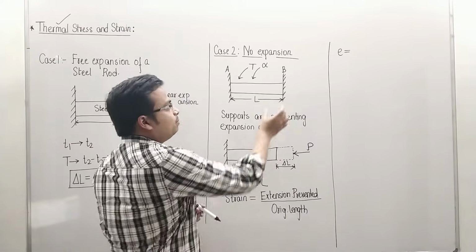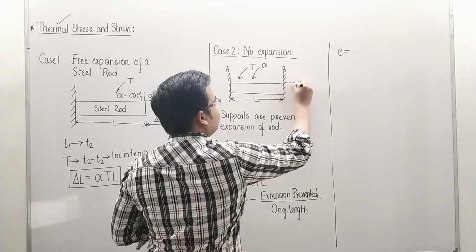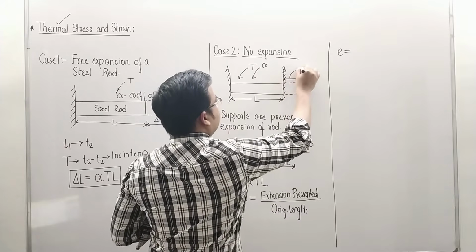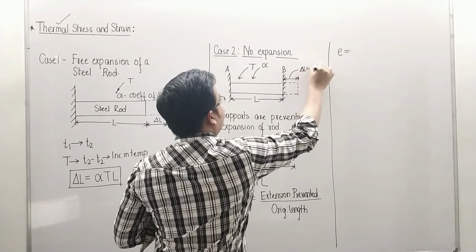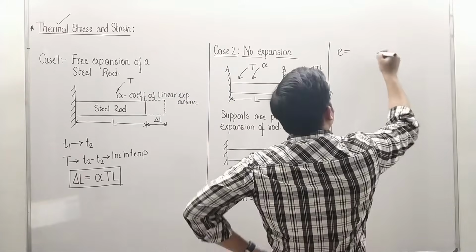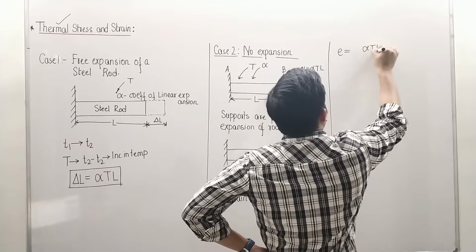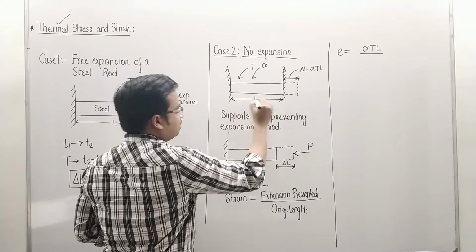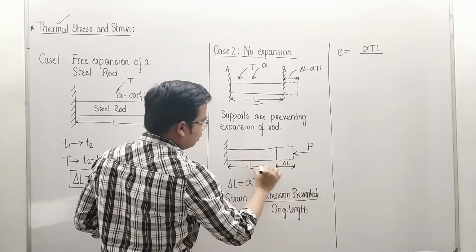How much extension has been prevented? This much extension has been prevented, whose magnitude is what? Delta L is equal to alpha TL, isn't it? So the extension prevented is alpha TL with respect to the original length. How much is the original length? Well, that is L, isn't it?